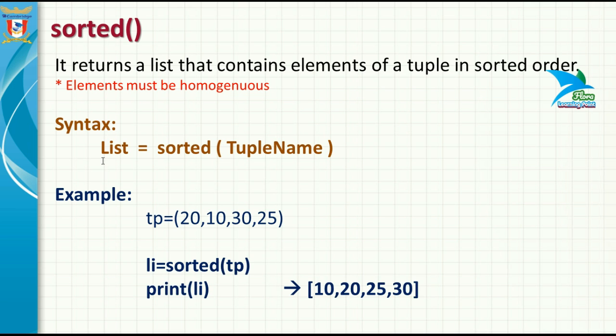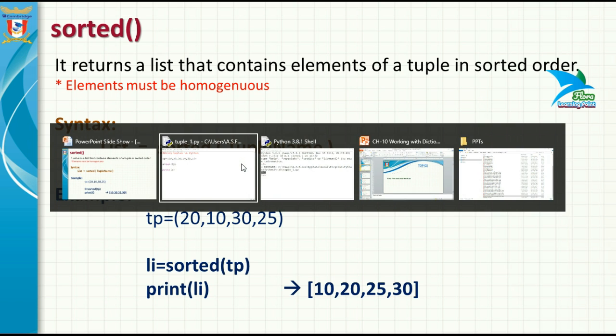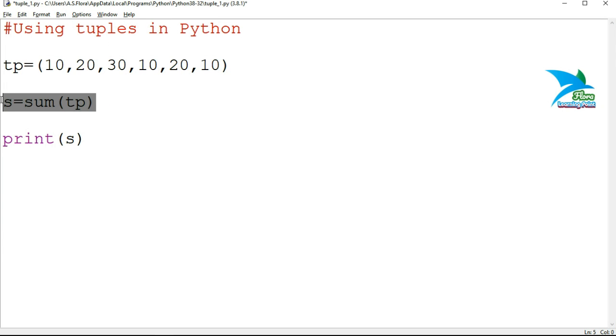We can't make any change in the position or the value of the elements of a tuple. So the system will sort the elements and store all those sorted elements inside a list. It will not make any change in the elements of the tuple. It will receive the elements of a tuple, then sort them and store the sorted elements inside a list.